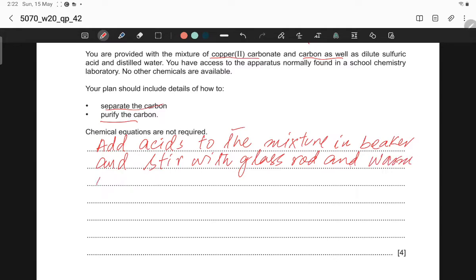Warm it with the Bunsen burner to ensure all acid is used up.